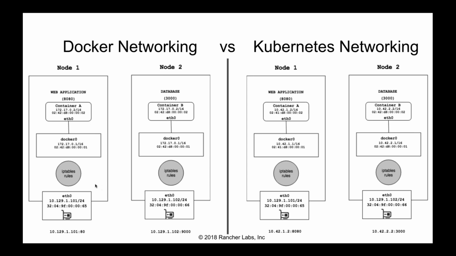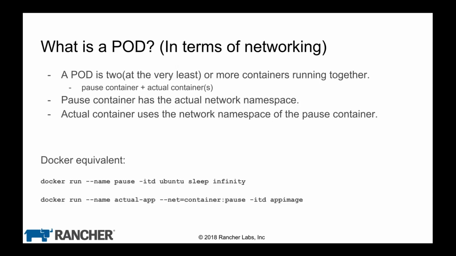So what we do is we publish the port. At the bottom half of the screen, we can see the host IP colon port 80. That is the published port for the web application container. And on node 2, we have the published port as 9000. So using published ports, Docker containers talk to each other. This is one way of doing Docker networking.